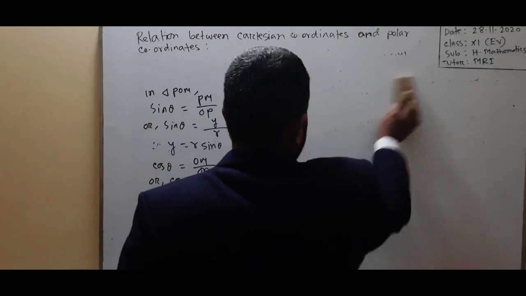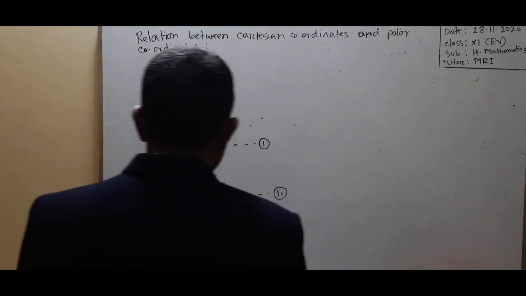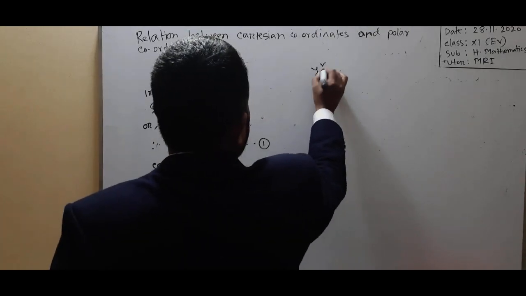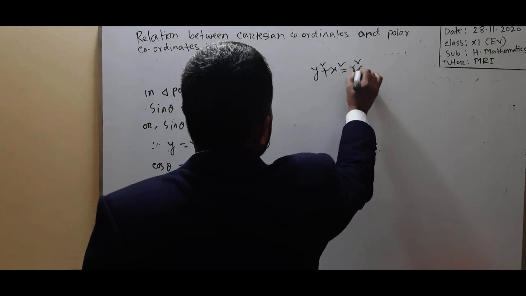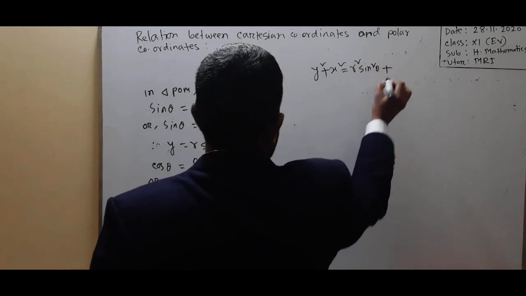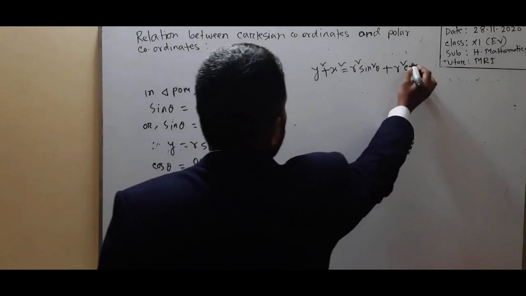Squaring 1 and 2 and then adding, we get y square plus x square is equal to r square sin square theta plus r square cos square theta.